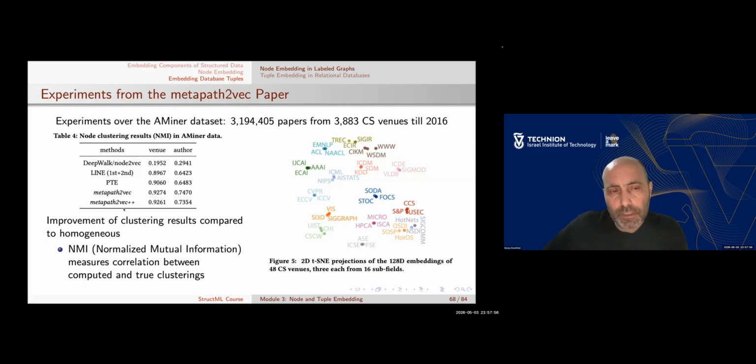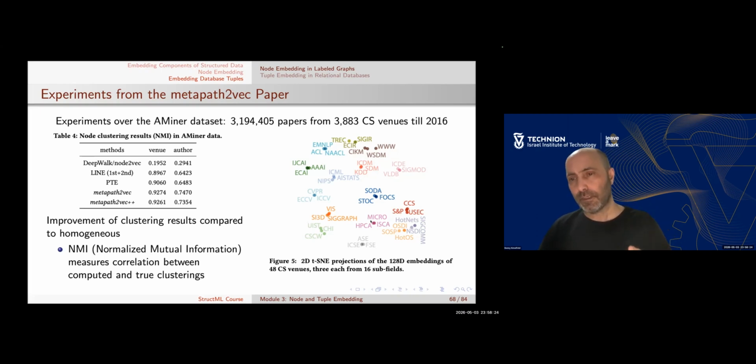What they show is that the metapath approach, the heterogeneous approach, is getting much better results than the homogeneous node2vec. This is interesting. For clustering, they use NMI, normalized mutual information, that measures the correlation between two clusterings.